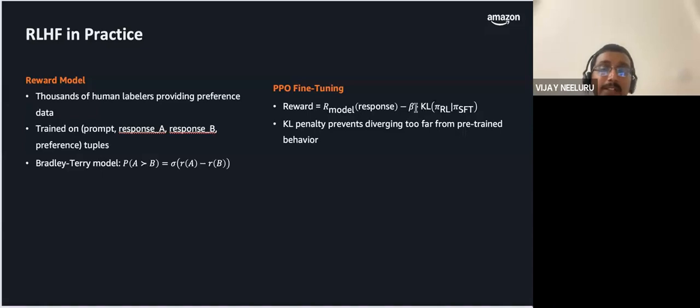The KL penalty prevents the policy from diverging too far from the pre-trained behavior. So we add the KL penalty in addition to the reward model score, which acts as a rubber band connecting back to the supervised fine-tuned model.